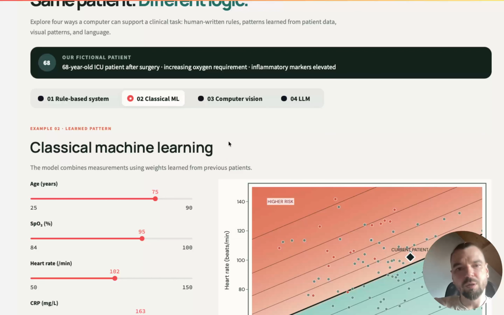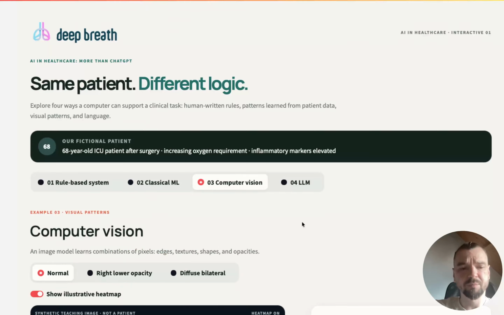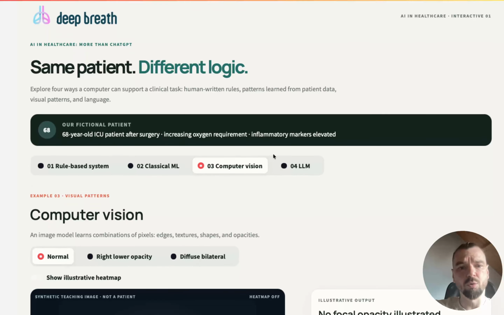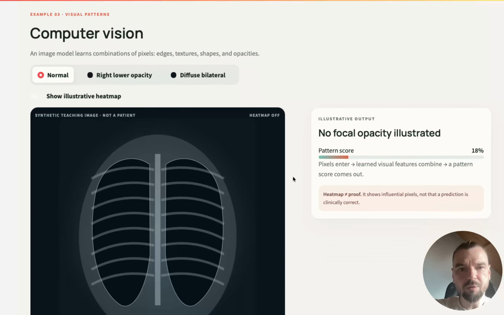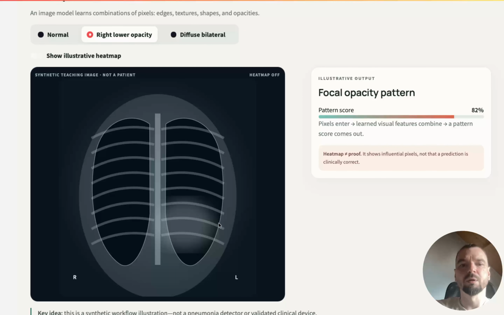In another episode, another part of AI in healthcare is computer vision. It's actually similar to what we talked about now with machine learning, but if before the model was trained on numerical data like heart rate and SpO2, and it knew about the future of the patient because it's retrospective data, computer vision models are trained on thousands or even millions of, for example, X-ray scans, MRI, or computer tomography.